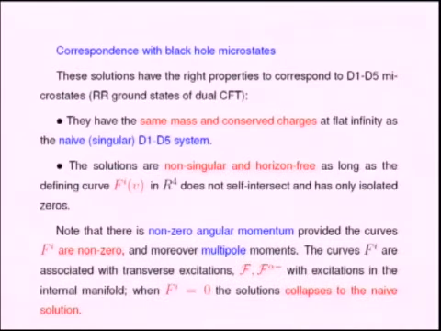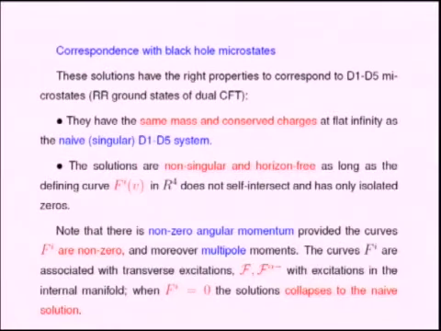Okay, so we have these solutions, and you can say, well, let's try and push the fuzzball proposal and see, do they have the right properties to correspond to the thing we think they should be, the D1, D5, two-charged black hole microstates, which are the Ramond-Ramond ground states in the dual conformal field theory.